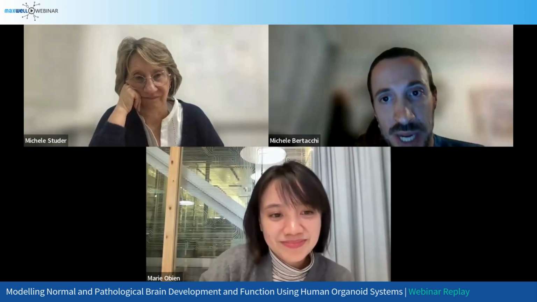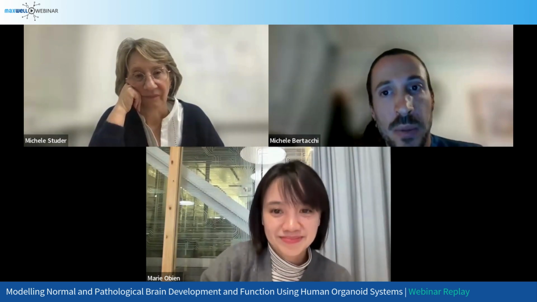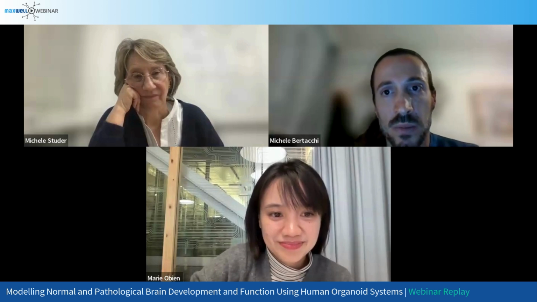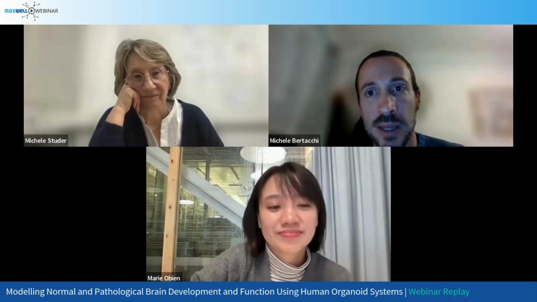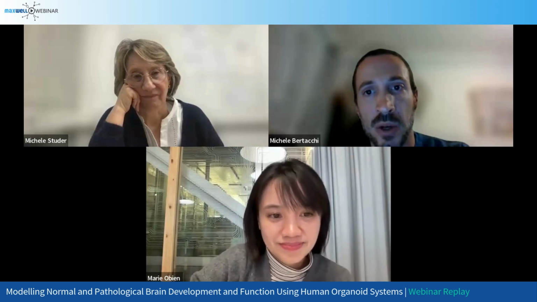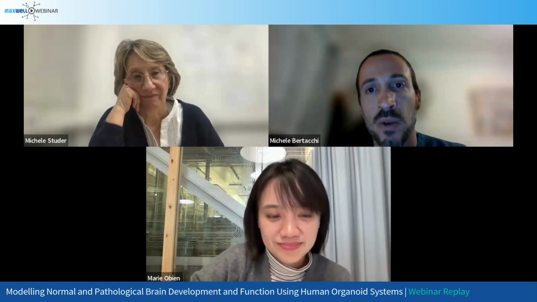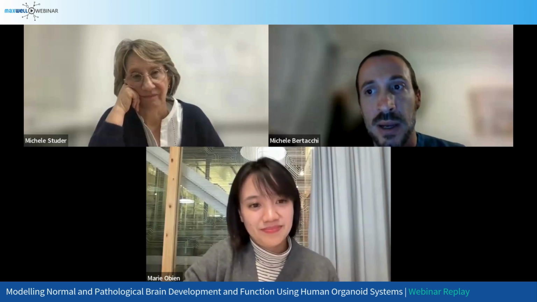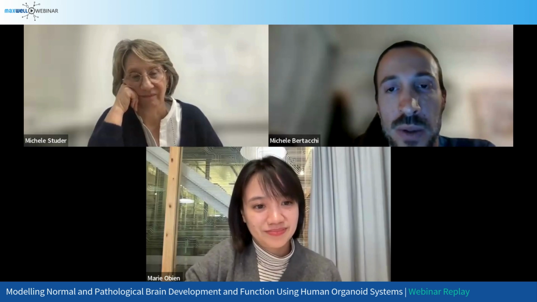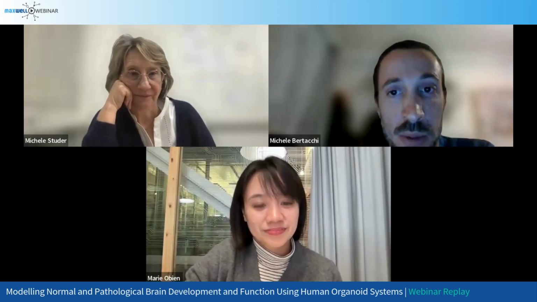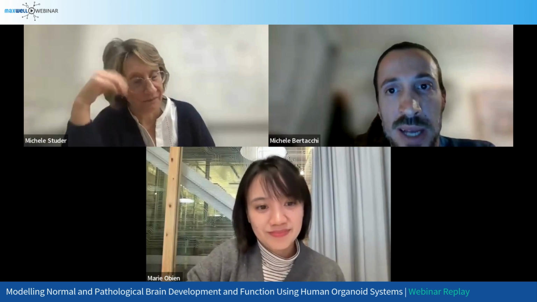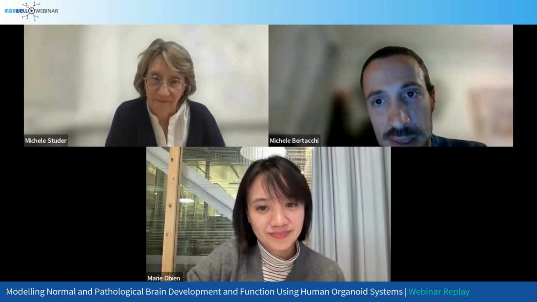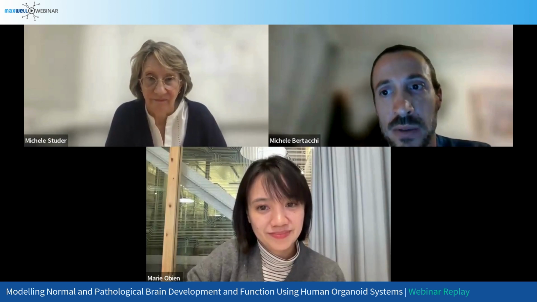We don't have microglia. There are a lot of protocols to produce organoids with microglia. Very often you produce microglia separately and then you add microglia cells on the organoid. For the moment we don't have it, but it's something that we have in mind, especially for the glioblastoma project, where we're dealing with cancer, and to have some kind of immune system inside the organoid would be very interesting, of course.